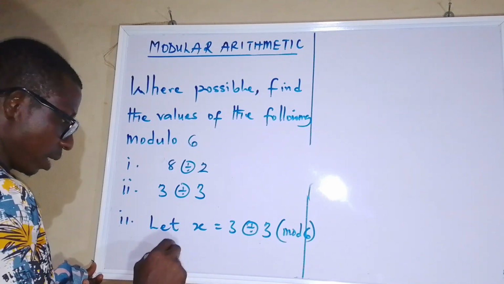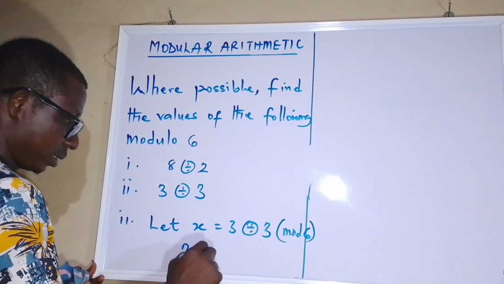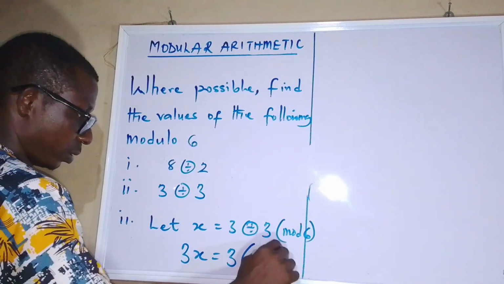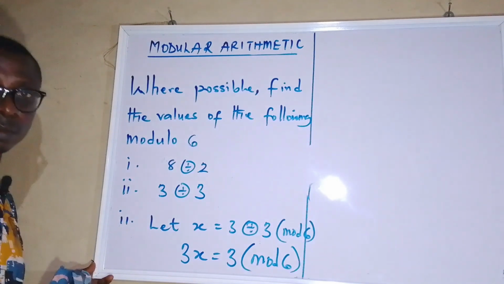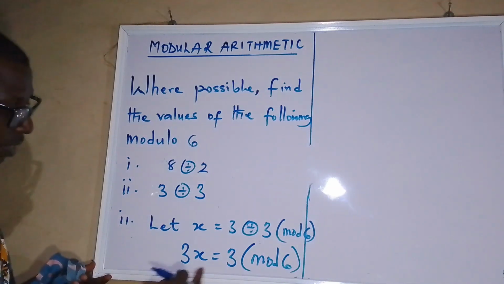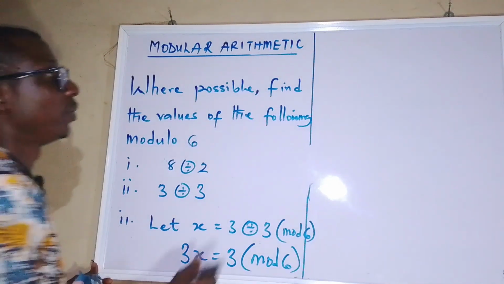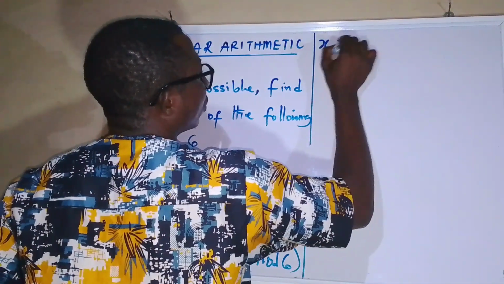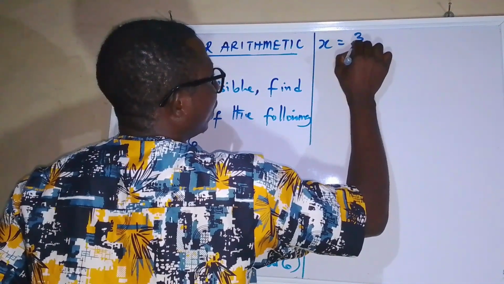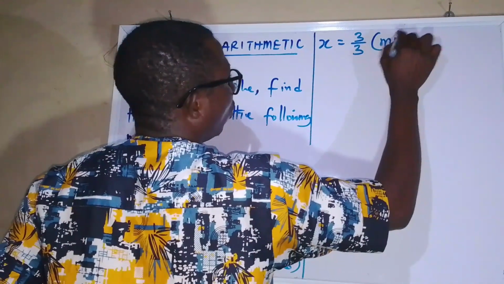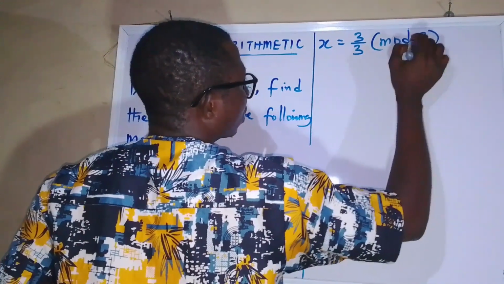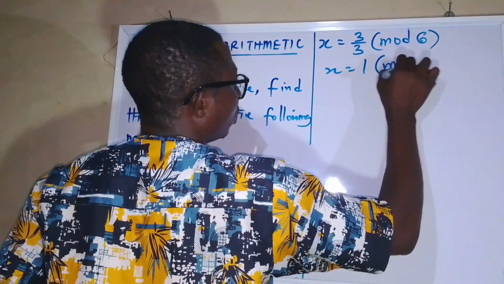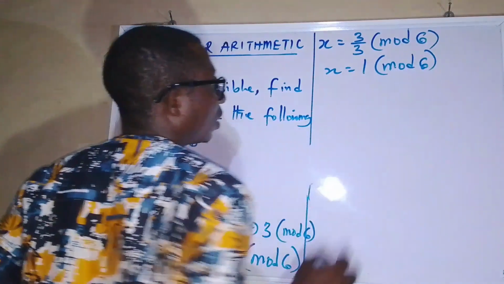When you cross multiply, you have 3x equals 3 in mod 6. Here you can divide both sides by 3. So we have x equals 3 over 3 mod 6, and that equals 1 mod 6.